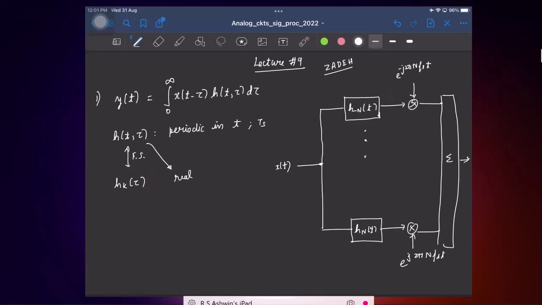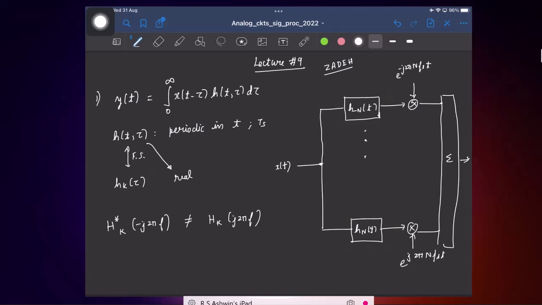That is why when we looked at the conjugate symmetry, this was not true. That is, h conjugate of minus j 2 pi f was not equal to hk of j 2 pi f. Had this been a real impulse response, this would have been equal. Okay, so that's one point I wanted to make.